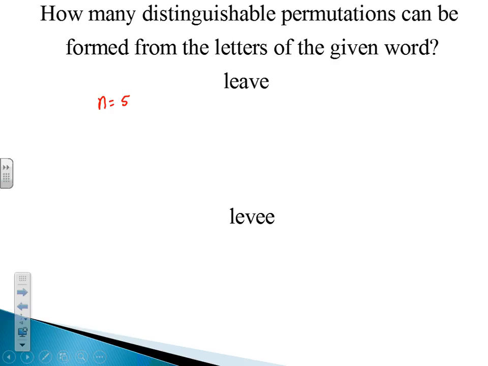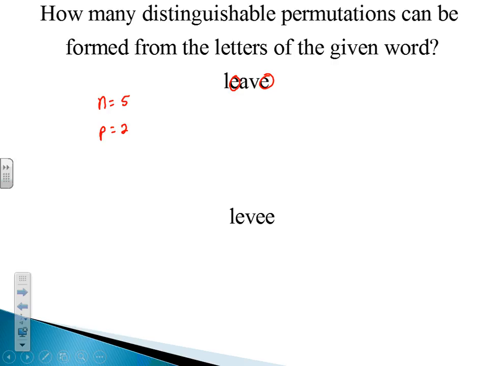Is there something that separates some of the letters from the other ones? In this case, I have 1 unique set, like what we had with the twins. I have 1 set of twin letters, the letter E, being repeated 2 times. That's the unique set out of the elements that make up the word leave.